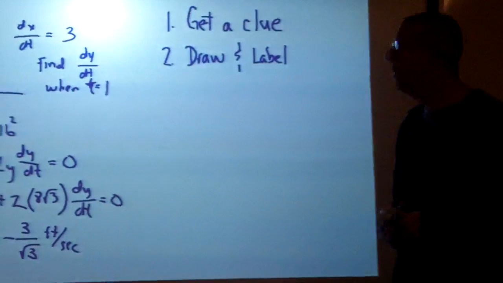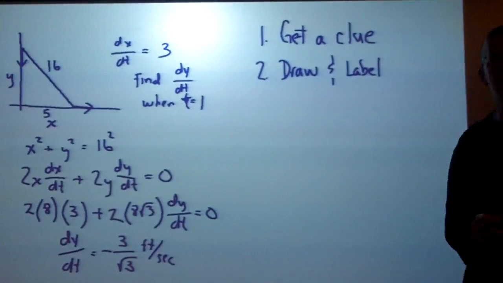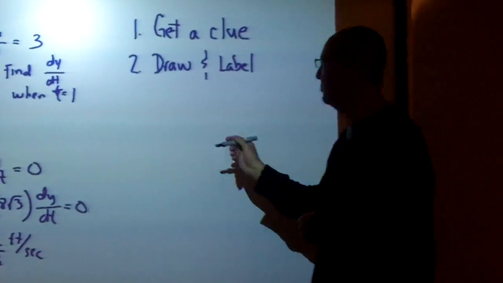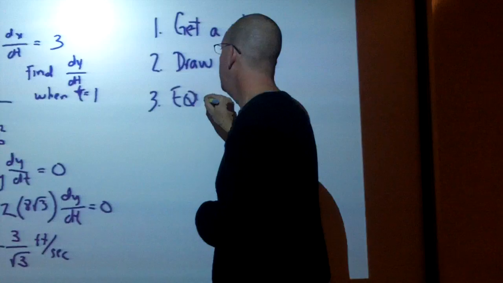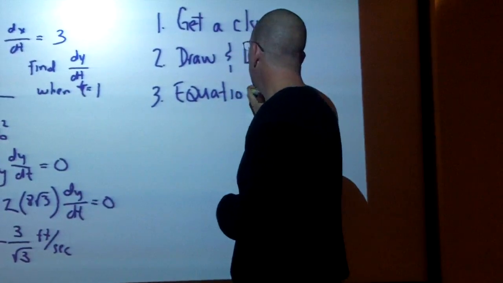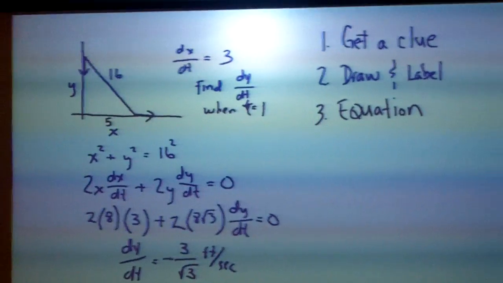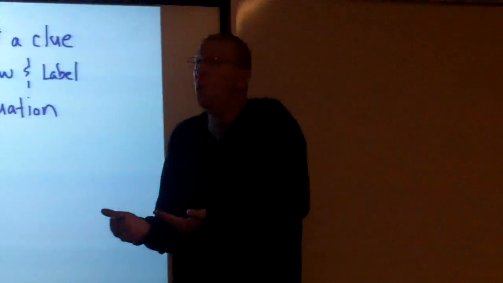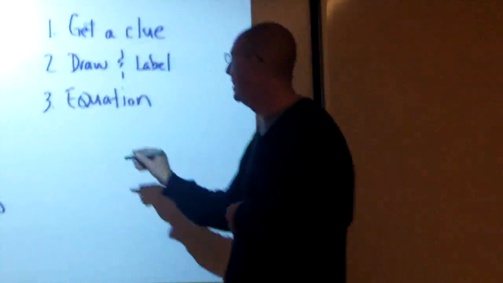We label what we're given, and most important, we label what we need to know. 3. Come up with an equation. It's usually going to come from geometry, but an equation that relates the variables and uses what we've given and uses what we need to know.